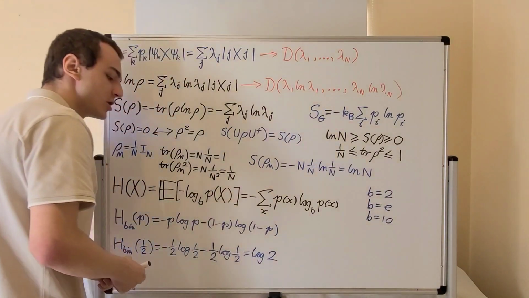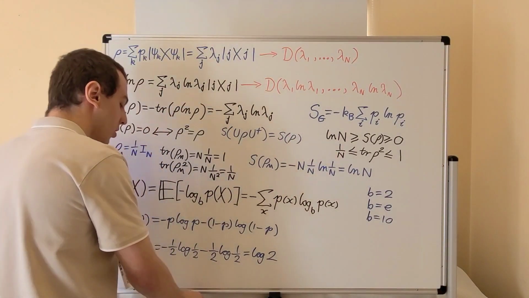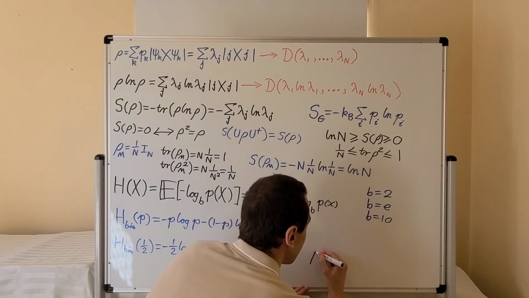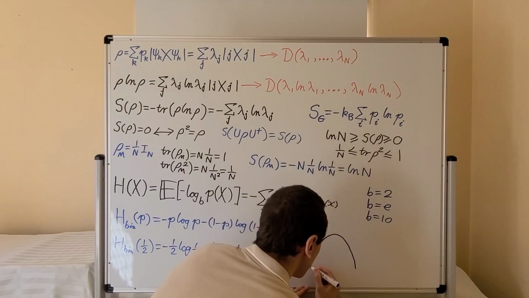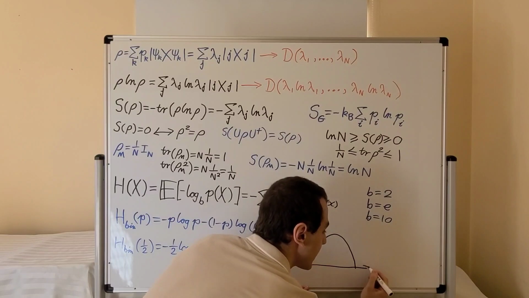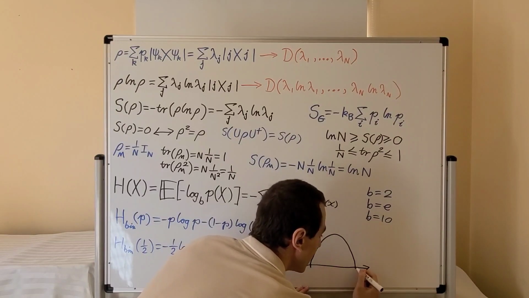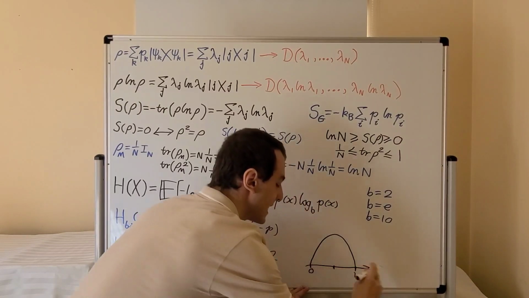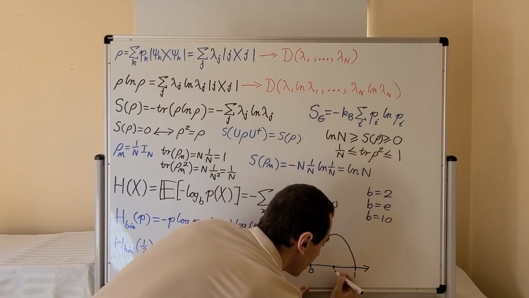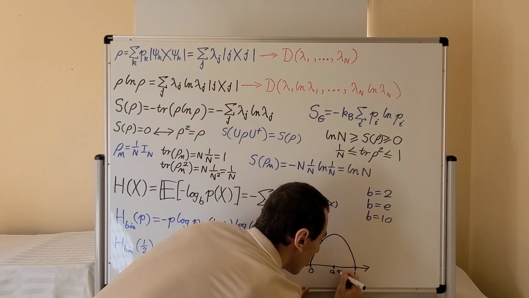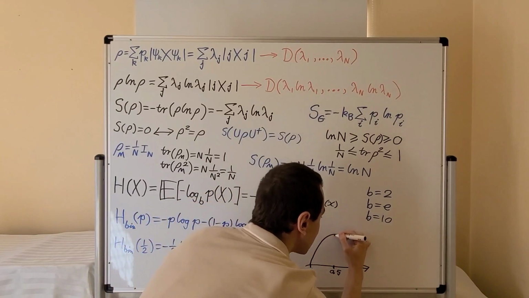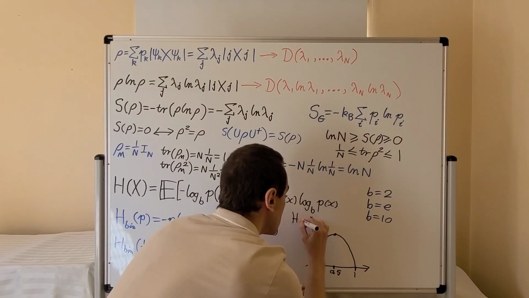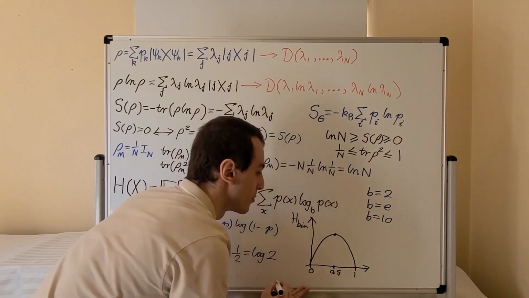So one last thing that I want to do is draw a little plot of this binary entropy over here. So we can draw it as a bump. It's a symmetric bump. And this axis down here tells us the probability. So the probability goes from 0 to 1. That's the interval that we're using. And over here we have 0.5 or 1/2. And that's where the maximum occurs. And this vertical axis, this is H bin, the binary entropy.